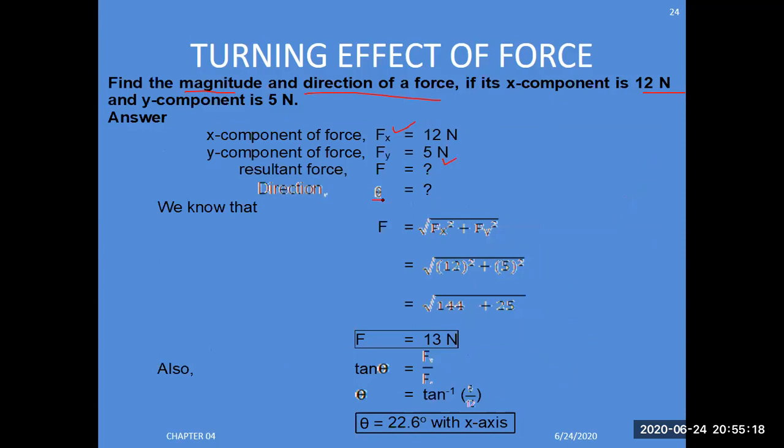Direction means you are asked to calculate the angle, and then you will calculate the magnitude. First you calculate the magnitude by following the same formula, Fx square plus Fy square. You will put the values of the horizontal and vertical components. Then you will be able to calculate the resultant force. Then this is the formula to calculate the direction of the force.